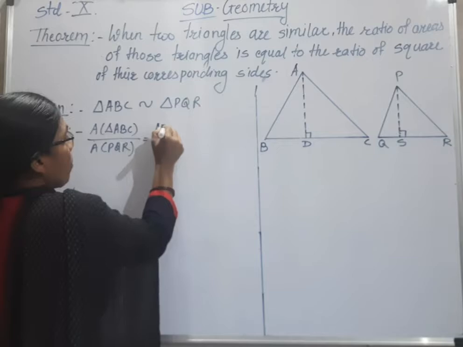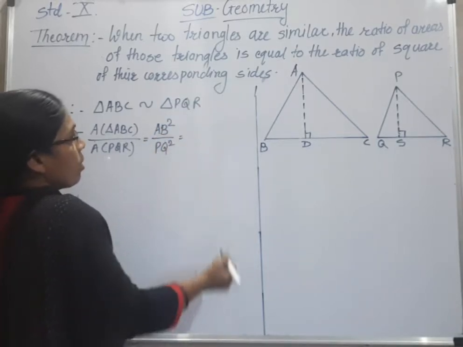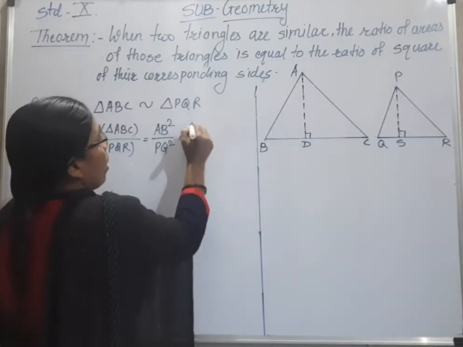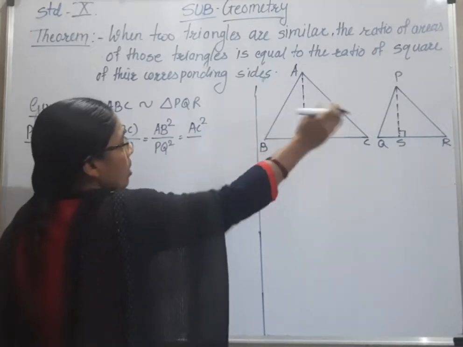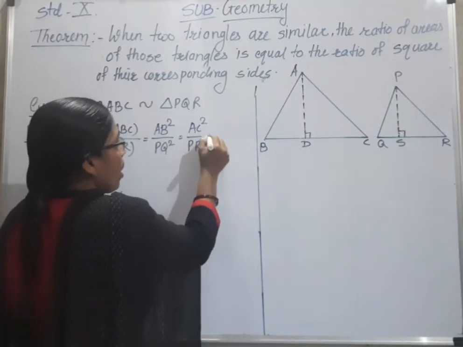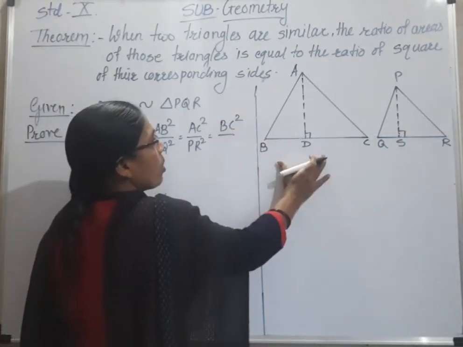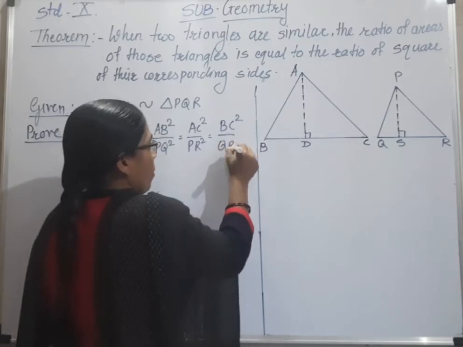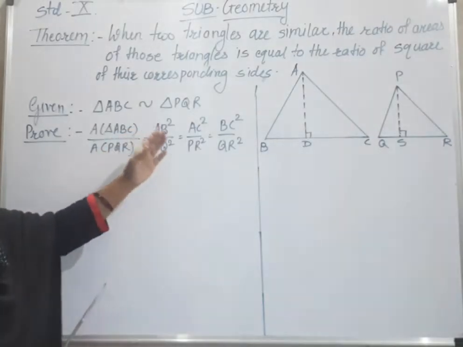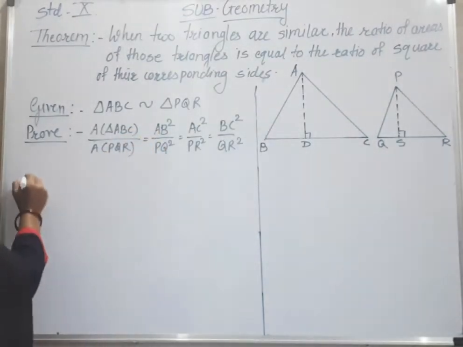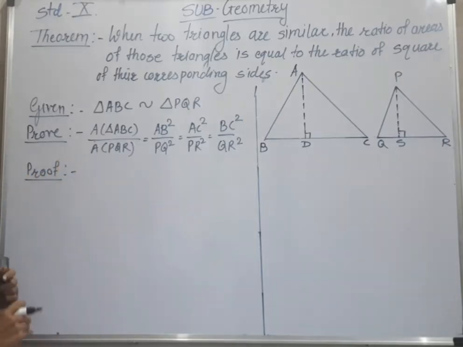So AB square upon PQ square is equal to AC square upon PR square, which is equal to BC square upon QR square. These are the corresponding sides, and the ratio is of their squares. Now first we have to write the proof. We have to prove this theorem.